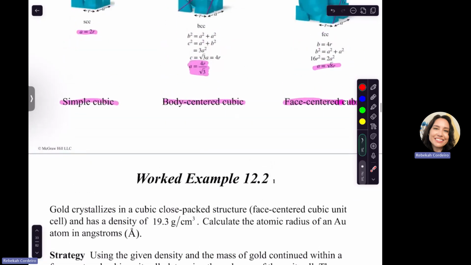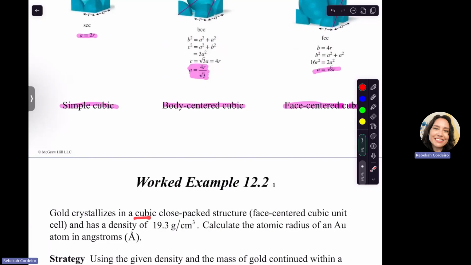So here's an example. Gold crystallizes in a cubic close-packed structure, which is face-centered, and has a density of this. What is the atomic radius of a gold atom in angstroms? For angstroms, I'm checking to see if you have it on your periodic tables. I don't know that you do.